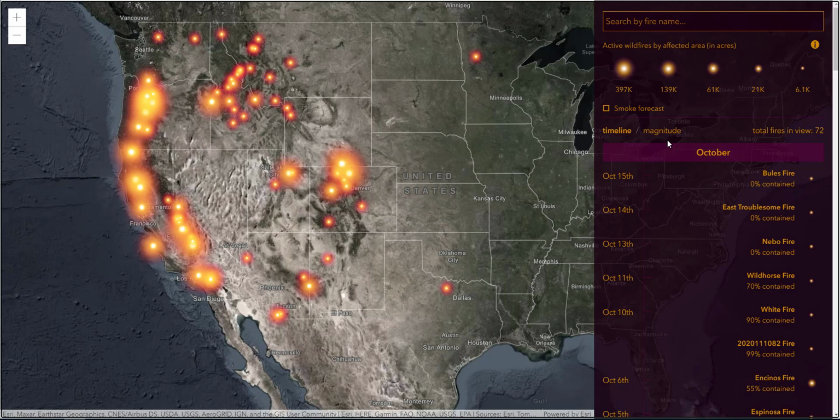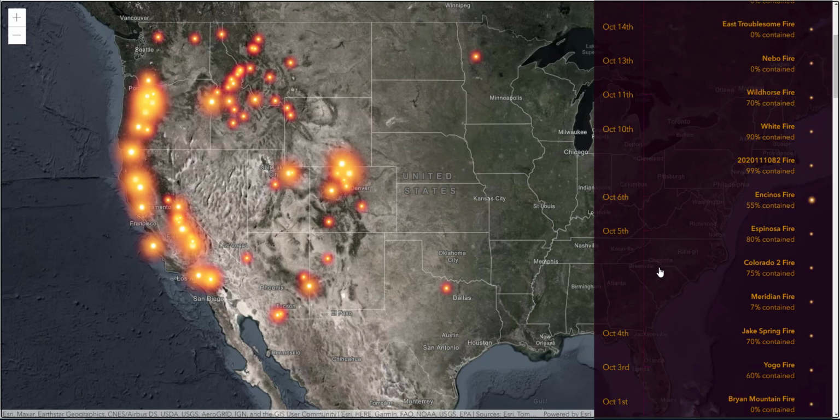Again, you can even look by size, right? You can see the size of the wildfire, and that's really the power of looking at this in a map. You can see that we have large, almost 400,000 acres burned versus maybe some of the smaller ones, like over here in Dallas versus what might be happening in California.